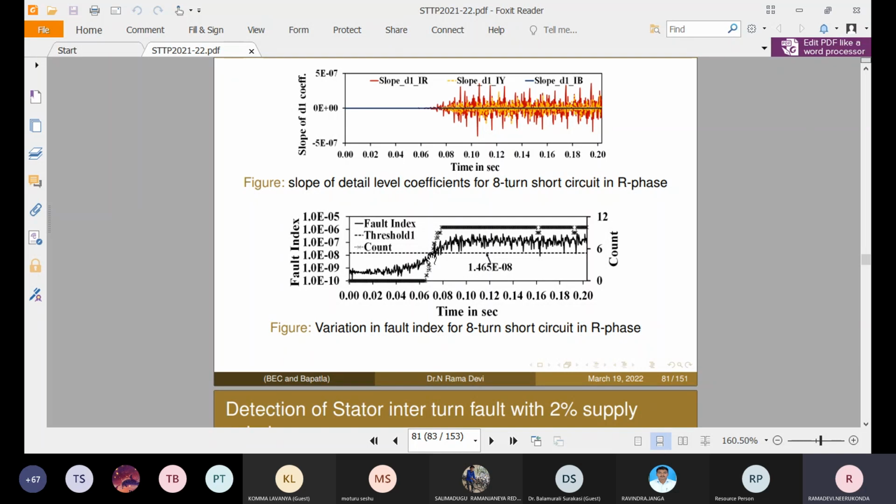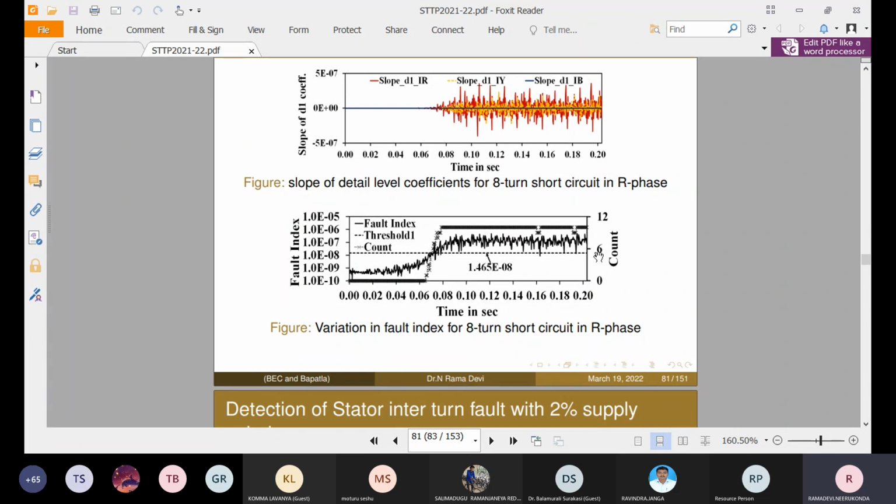The starting point is here. From this point onwards, the fault index value crosses the threshold, and the window will give the count values. That's why the count value slowly rises and crosses the threshold point.